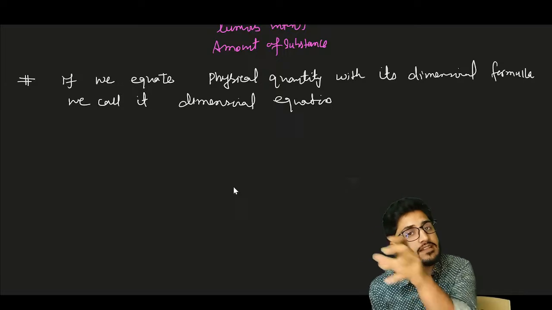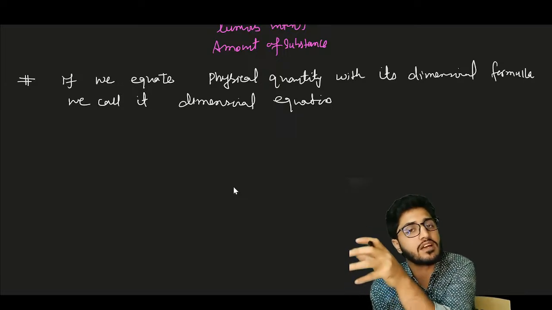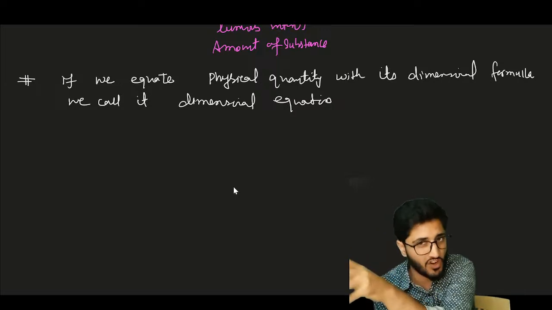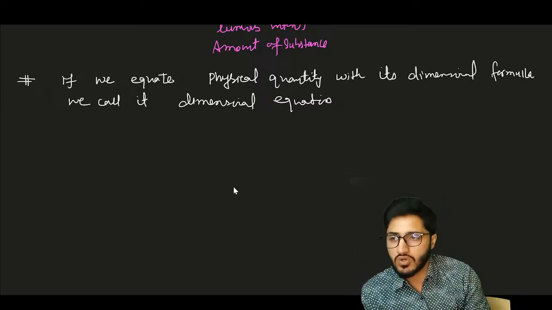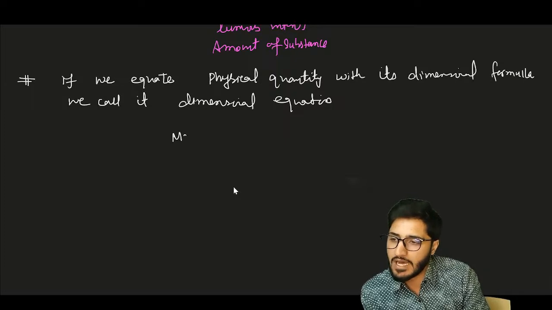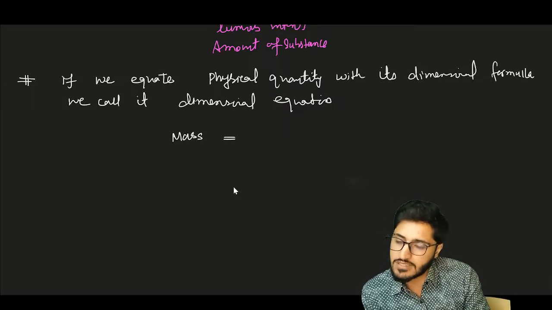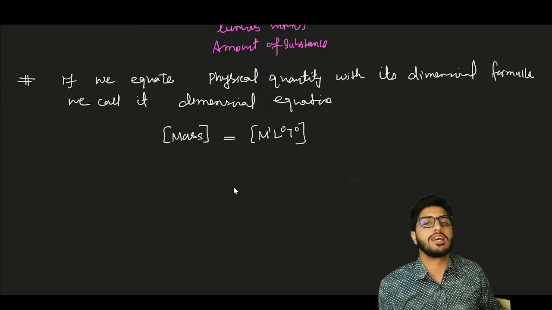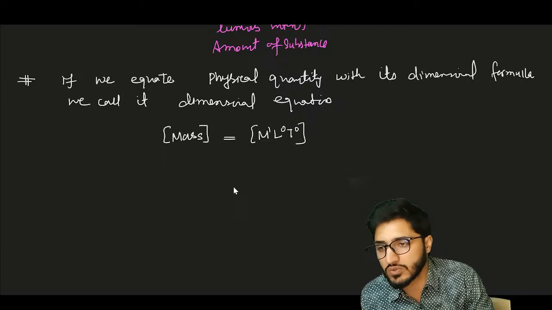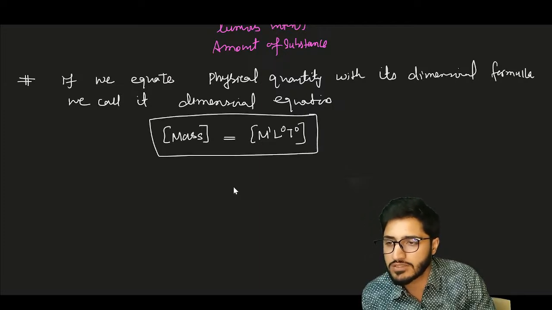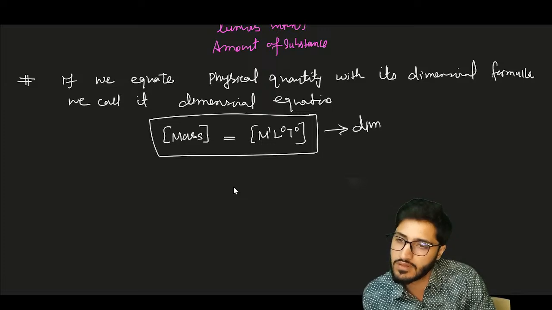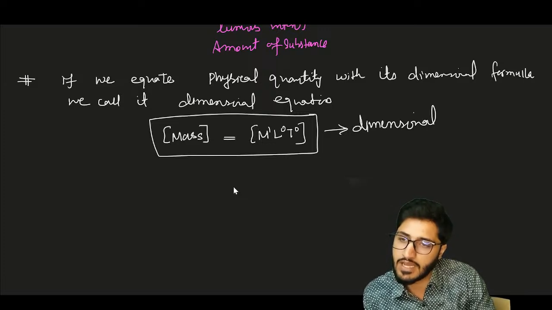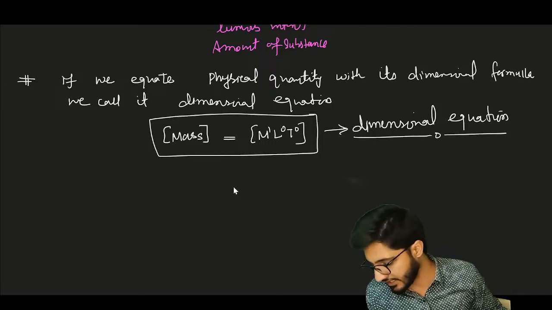The same example, mass: if I equate mass with its dimensional formula M1L0T0, this is known as the dimensional equation. I can place it in a box.